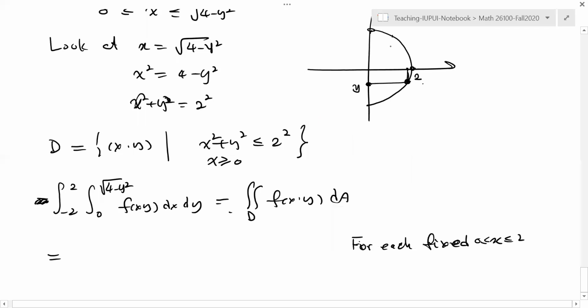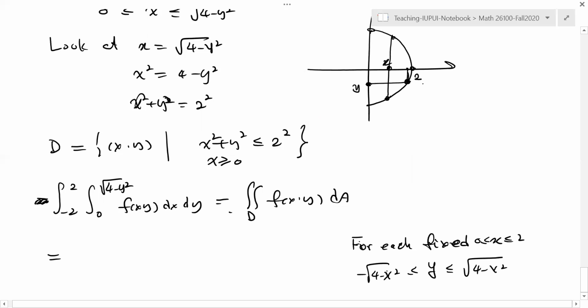Then you have to look at the vertical lines. I think the upper bound for the y value should be square root of 4 minus x squared. But the lower bound for y is going to be negative, because when you solve for y, you get a plus minus y value, right?